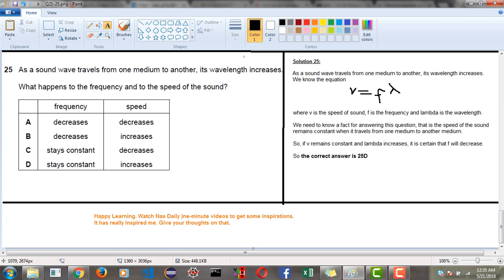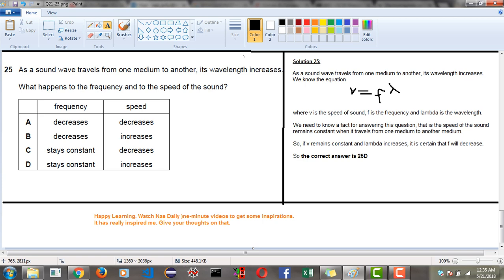And we also have to know another fact, that the speed of sound remains constant when it travels from one medium to another medium. So if v remains constant and lambda increases, the result is that f must decrease. So the correct answer is 25D.